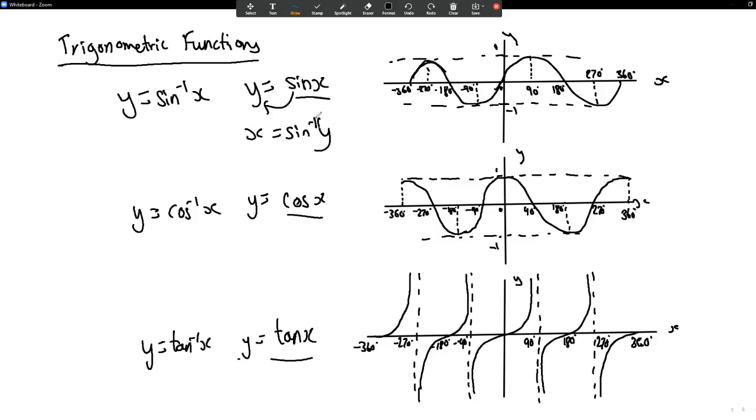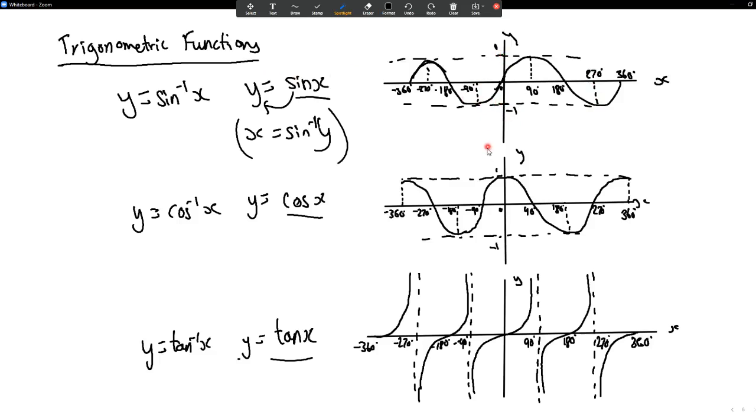That's how we get our inverse function, but you don't need to worry about that. You just need to understand that when we're dealing with the inverse function, we go from 1 to minus 1, and then we can take any value that it hits. So sine minus 1 can be minus 90 degrees. It could also be 270 degrees. Both of them are correct.